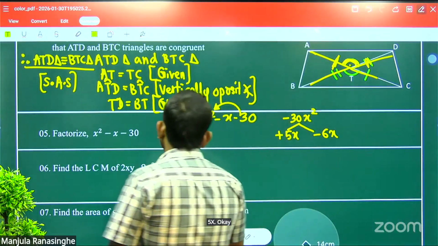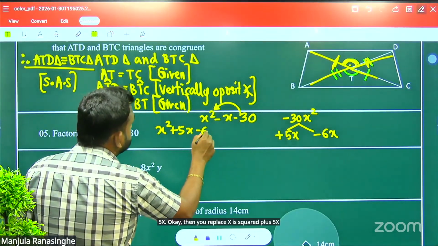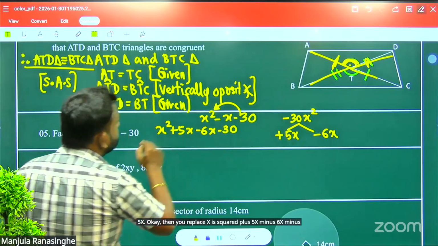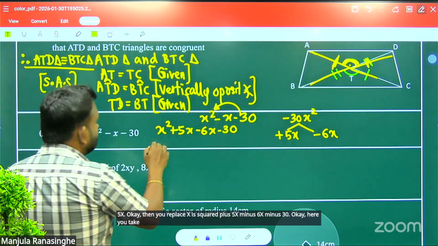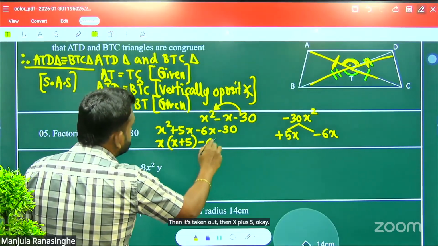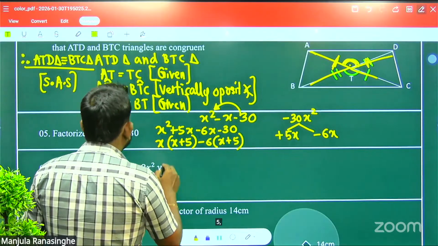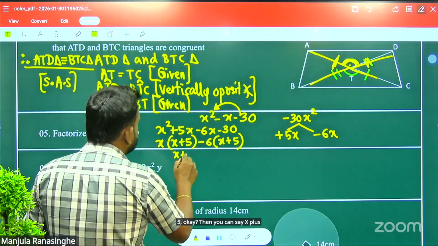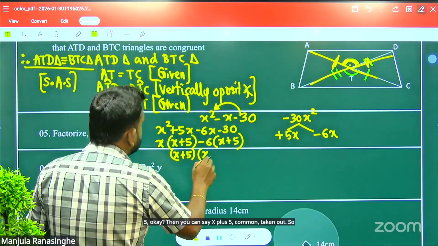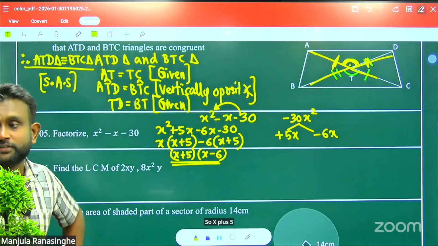Then x squared plus 5x minus 6x minus 30. Take x out of the first two terms, giving x plus 5. Take negative 6 out of the last two, giving x plus 5. Then x plus 5 is common, leaving x minus 6. So the answer is x plus 5 into x minus 6.